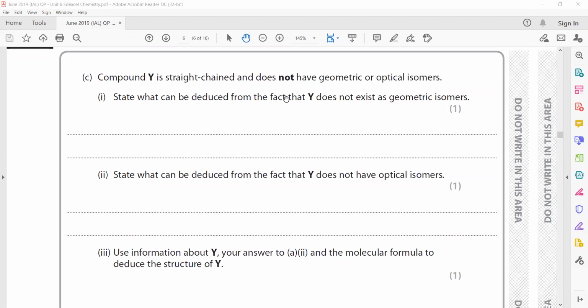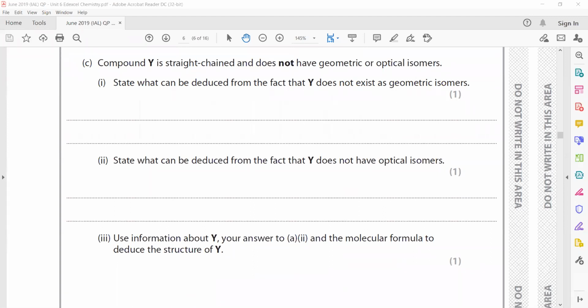State what can be deduced from the fact that Y does not have a geometrical isomer. We can simply say that there is a carbon-carbon double bond and identical groups are attached to one of the two carbon atoms which have the double bond. That's why there is no geometrical isomer.